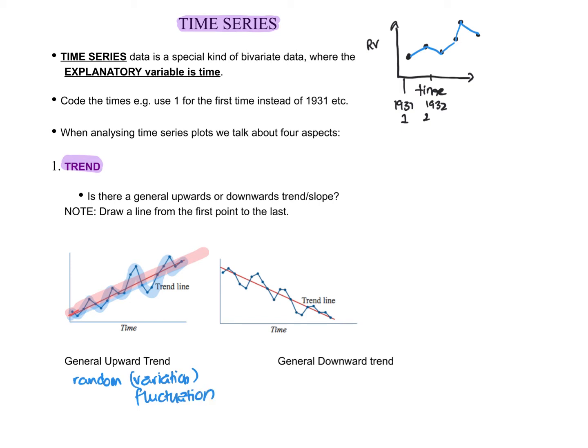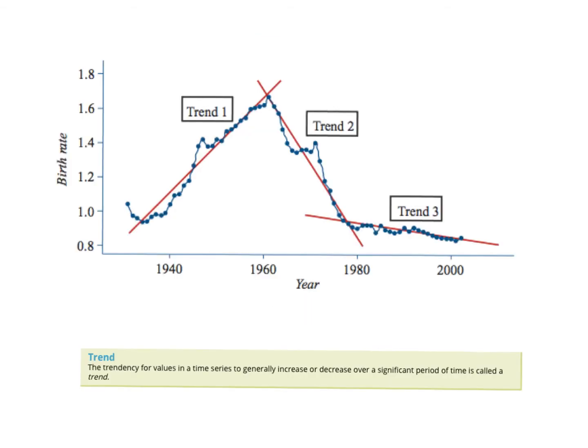And with this second one, you can see overall it's moving down. It does have some random fluctuation, but overall it's moving down. So that's a trend. You might have something like this where you've got a couple of trends within the graph. Between 1940 and 1960, we saw an upward trend. We might say after 1960, we saw a downward trend.